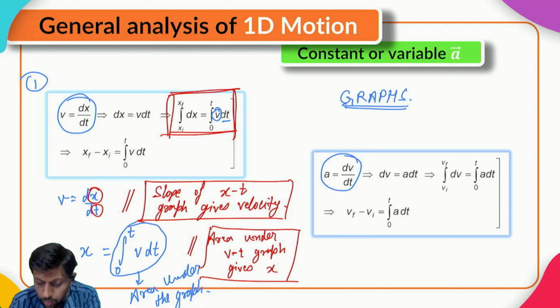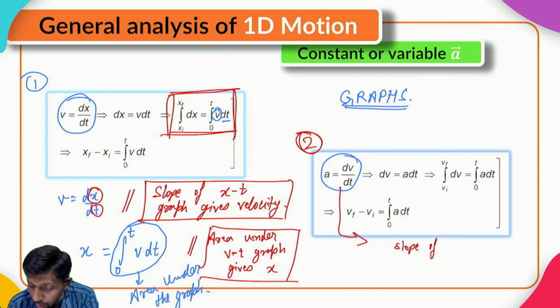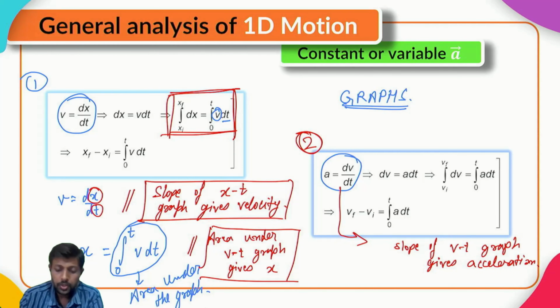Let's now move on to the second equation, acceleration as dv by dt. From here, we can directly say that slope of velocity time graph gives acceleration. This is one information we can extract.